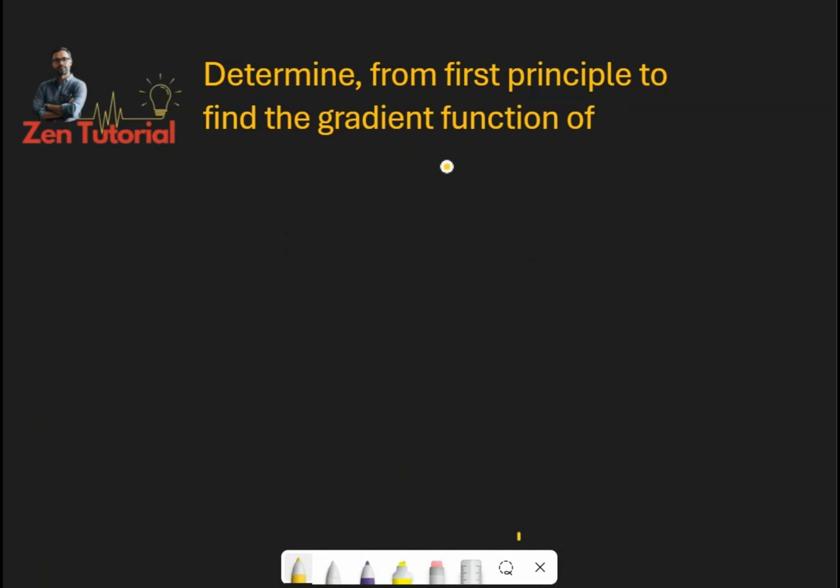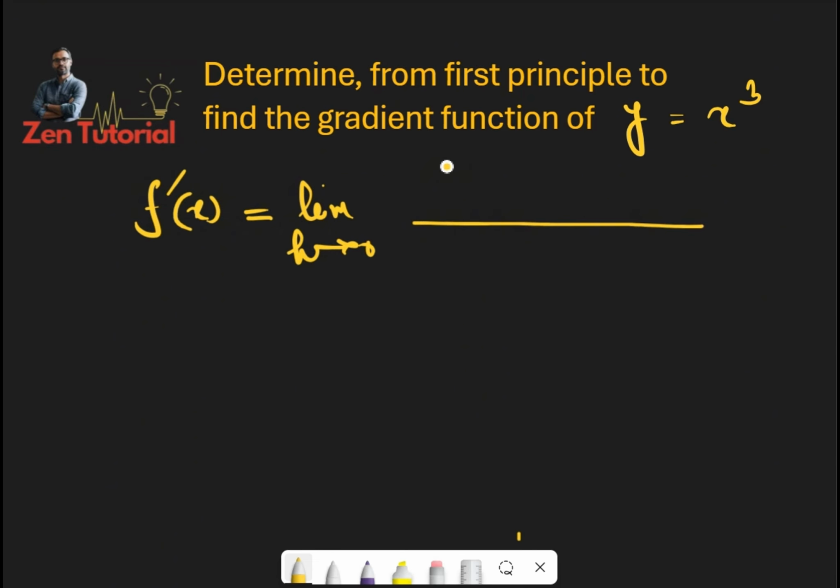Another practice case, let's say the function y of x equals x cube. Now, by using the first principle, we could write down f prime of x, the first order differentiation. f prime of x is equal to limit h tends to 0, f of x plus h minus f of x over h.